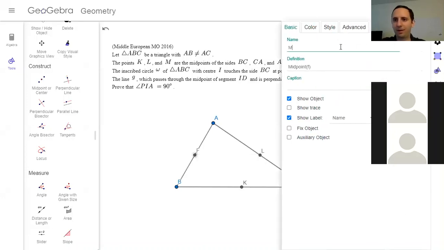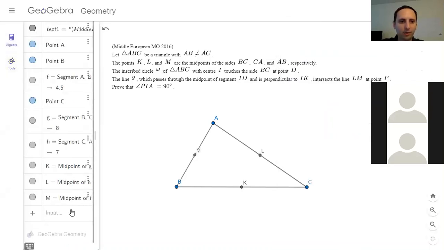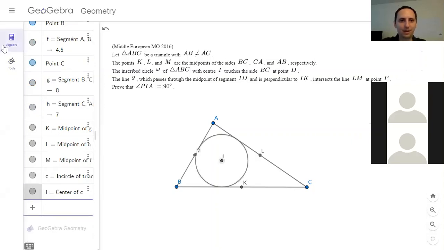Wow. But this one, I'm sure will be pretty tricky. The incircle, I never drew an incircle either. I don't think I drew an incircle at least. It touches side BC at point D.